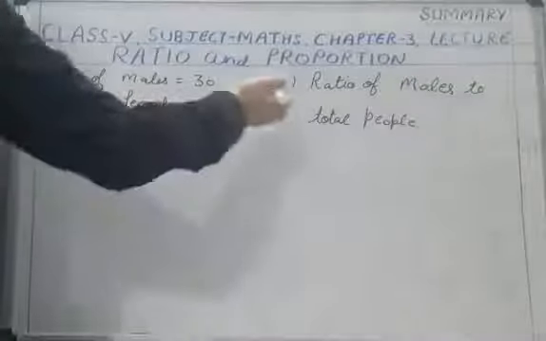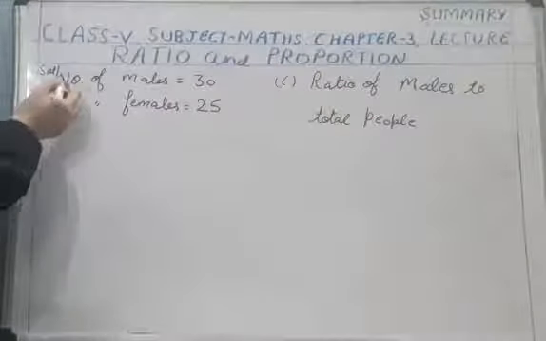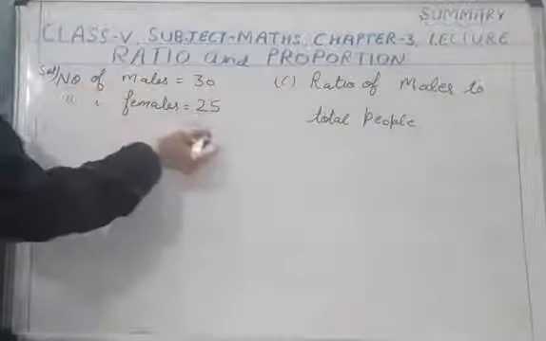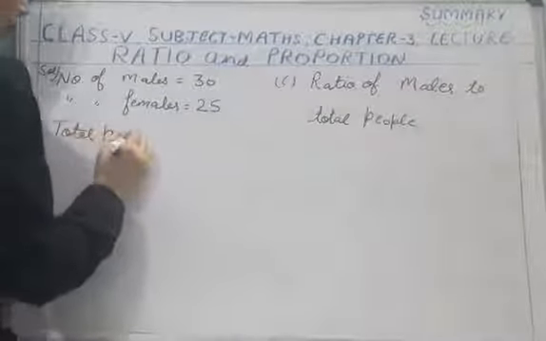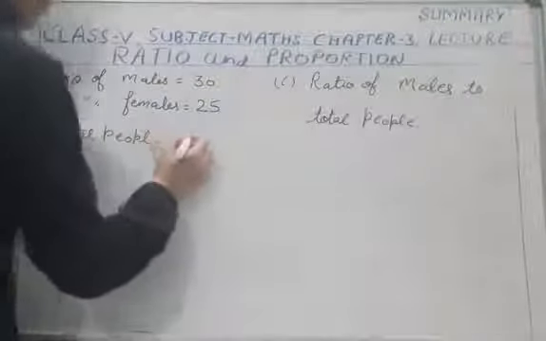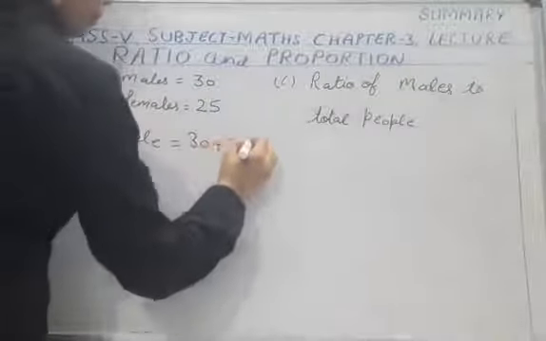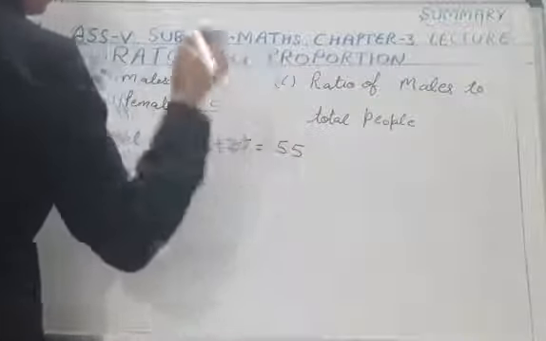Now we will do our C part. Ratio of males to total people. Now we know number of males 30, number of females 25. So total people, or we can say total persons in cinema hall, 30 plus 25, 55.